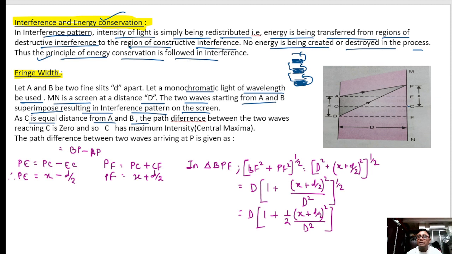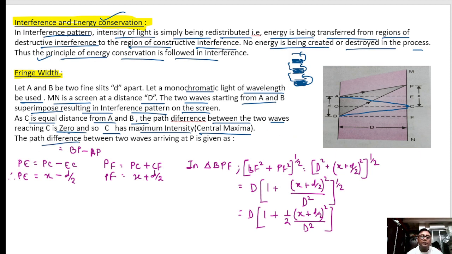Here is C. It is at equal distance, that means this length and this length are equal. So there is no path difference between the two. The path difference between the two waves will be 0 at C. So C has maximum intensity, that means maxima. So the center will always be a bright maxima.